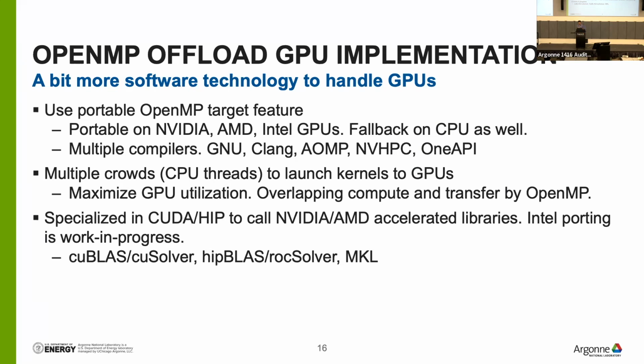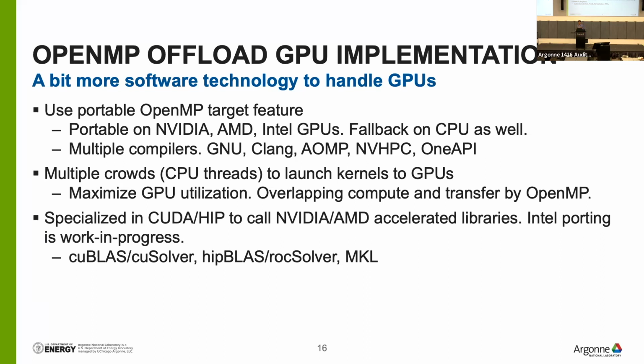And in QMCPACK, as I explained, we have those crowds. We still leverage CPU threads, which are also managed by OpenMP threading. The goal is clear: when one thread is doing compute or transfer, another thread can also hit the GPU with compute or transfer.